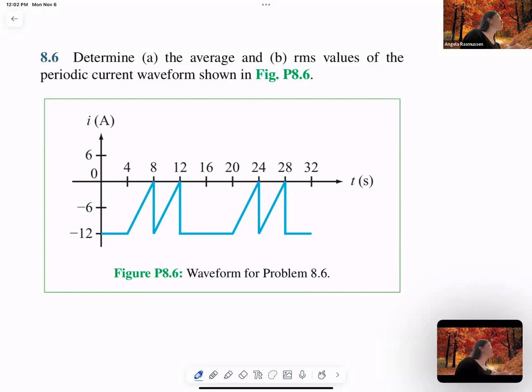Sometimes you may want to know the average of a signal so that you can set a threshold level. If you have a circuit that determines what an average is, you can use that as a threshold level to trigger some other event to happen. That would be another application you may come across.